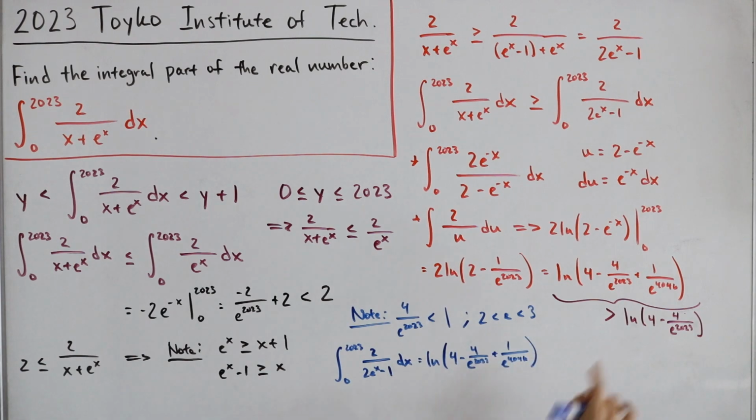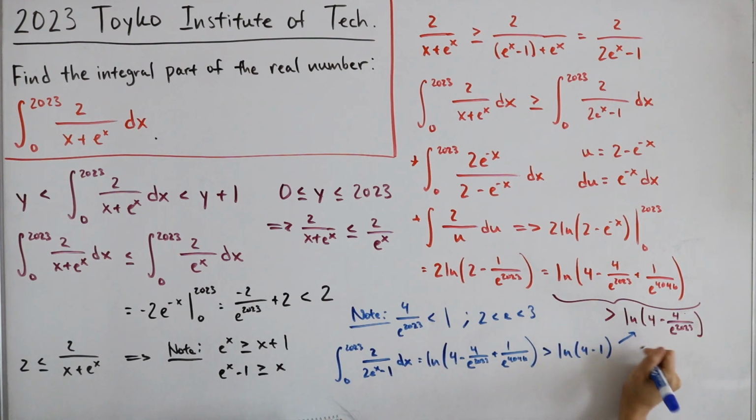We said we create this bound such that it's strictly greater than ln of 4 minus 4 divided by e to the 2023. But we can also create yet another bound to say that the following number, ln of 4 minus 1, is going to be bigger than that.